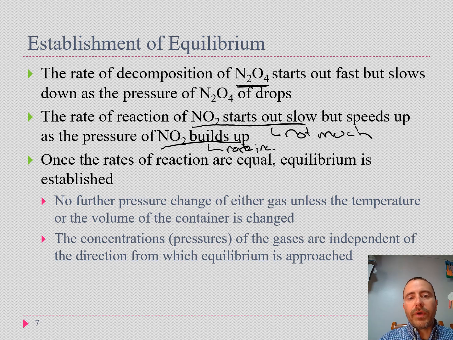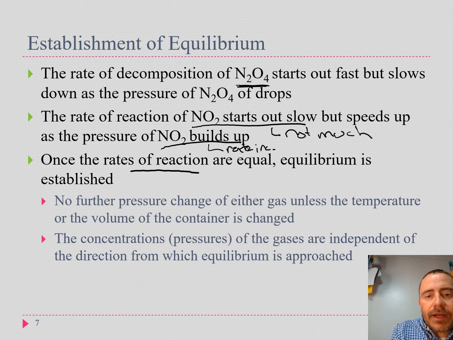And so what we have to get to is the rate of our forward reaction and the rate of the reverse reaction equaling each other. Once they equal each other, then we have equilibrium. A lot of people show this with arrows. To begin with, the rate of our forward reaction is very fast, and the rate of our reverse reaction is slow.